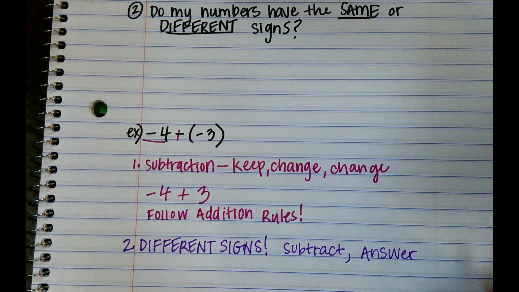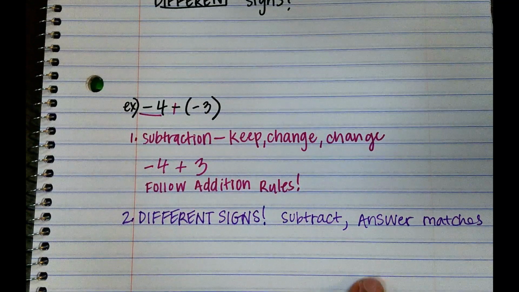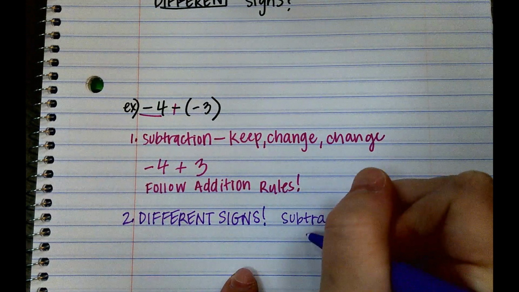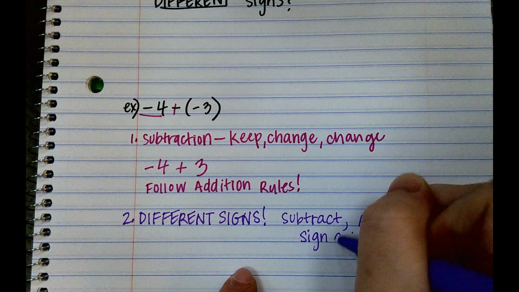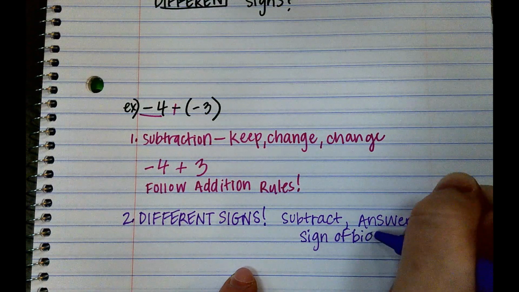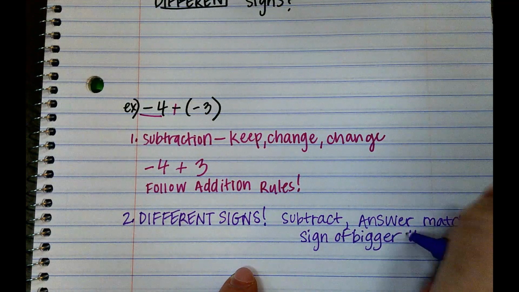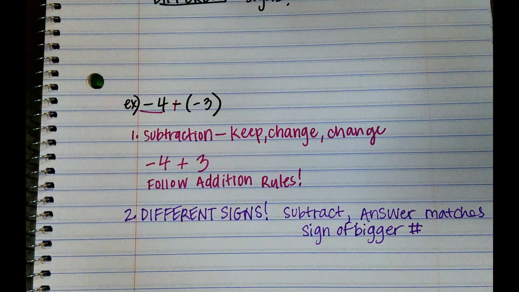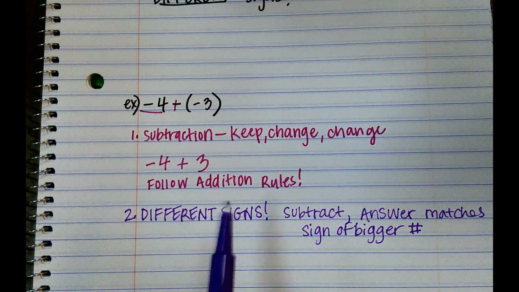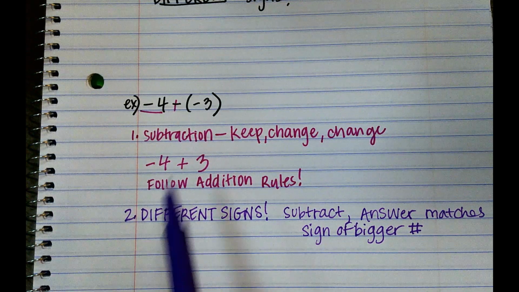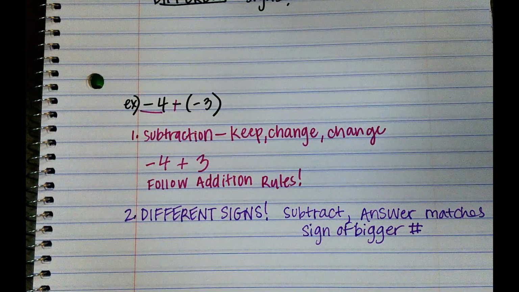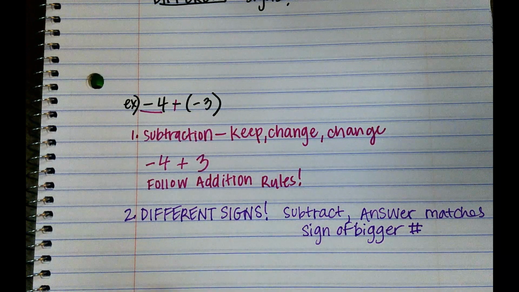Answer matches sign of bigger number. And of course, we talked about earlier, 4 is bigger, so negative is going to be our answer, -1.